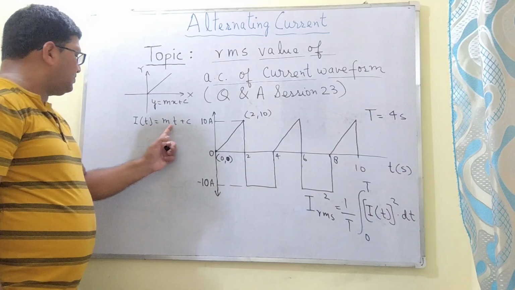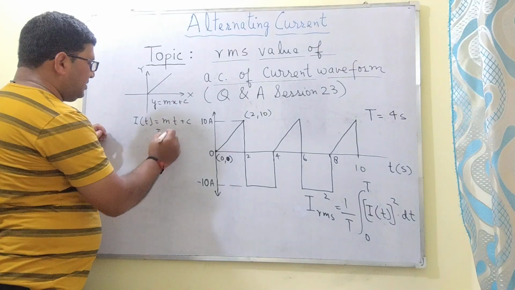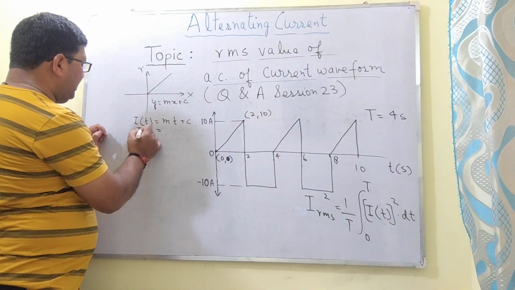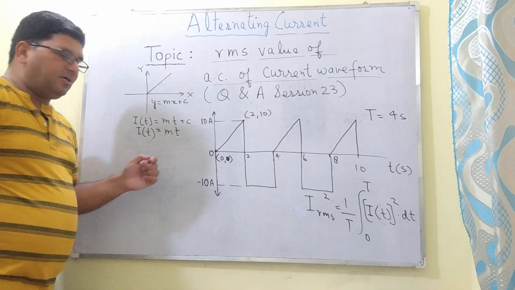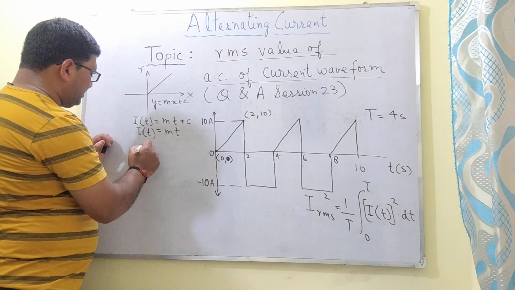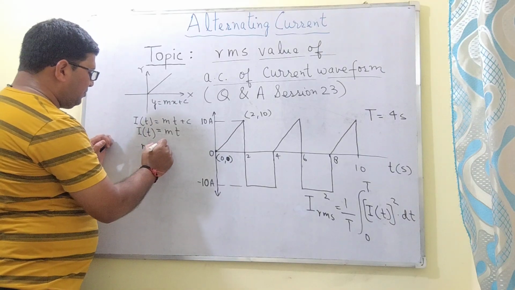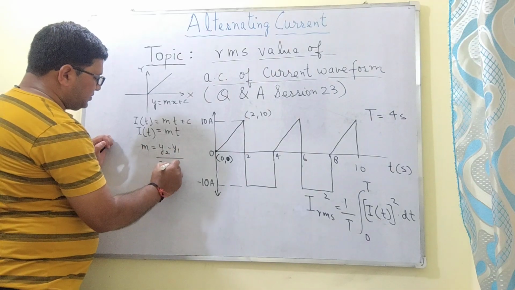Now at t is equal to 0, the current is 0, so c will be equal to 0. So finally the instantaneous current will be equal to mt. Now we have to simply find the slope of this line. The slope is equal to y2 minus y1 divided by x2 minus x1.